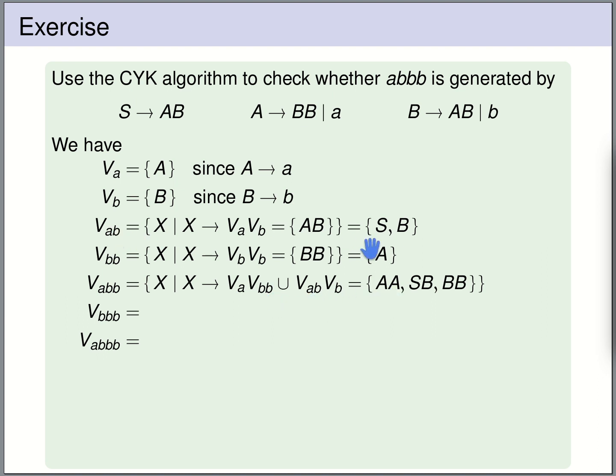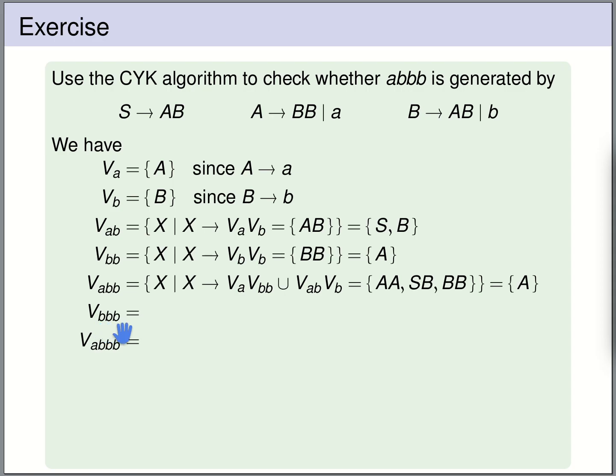VAB is S and B, VB is B, so we get SB and BB. So we look for all the production rules that have either AA, SB or BB in the right hand side. There is no AA, we don't have SB, but we have one rule that has BB in the right hand side. So this set again consists only of the variable A.